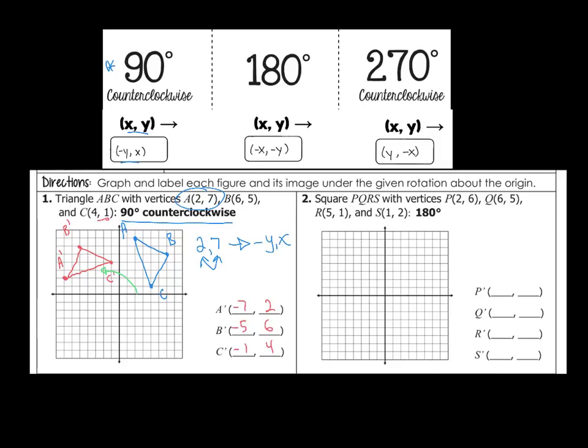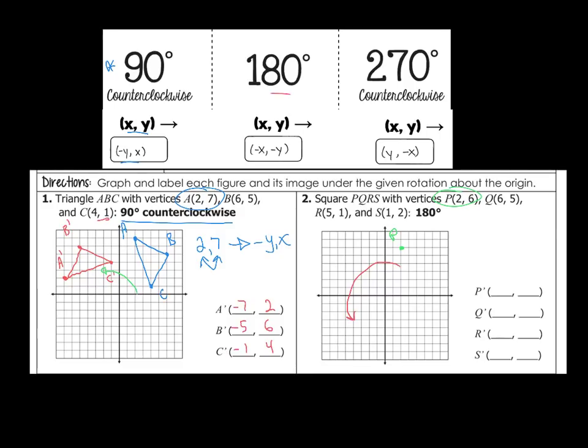For number 2, we have a 180-degree rotation. So what happens here? I have P at 2, 6. So that's 2 right and 6 up. So there's our P. Now, if I have a 180-degree rotation, that means it's going to go from quadrant 1 to quadrant 3.